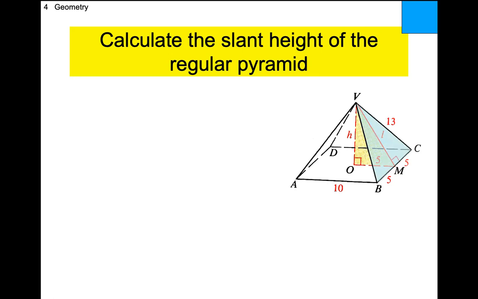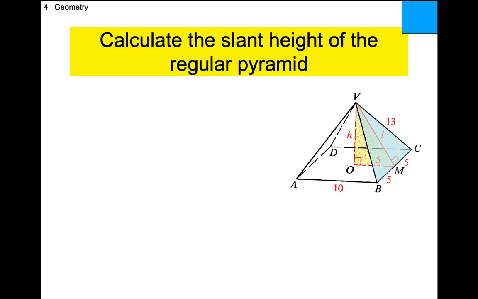So you would have BM, MV, and VB would be one triangle. And then the three sides of the other one would be MC, CV, and VM. Any one of those three triangles, the two blue ones and the one yellow, can be used to calculate the length of L. And it just means that you need to pick which one you have the most information.